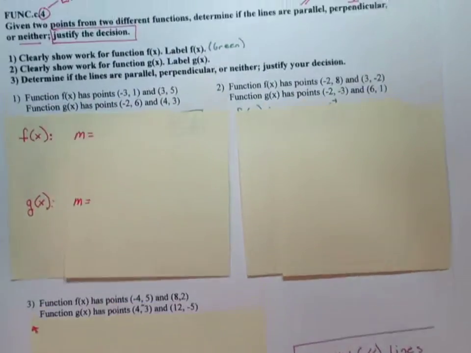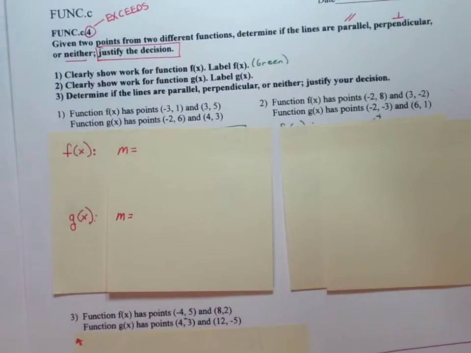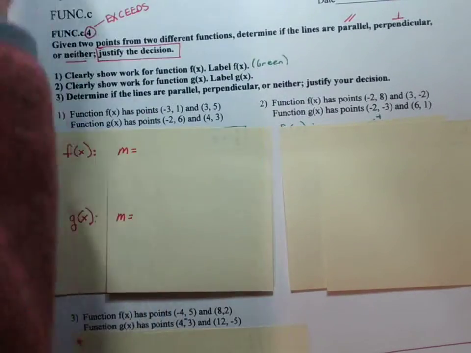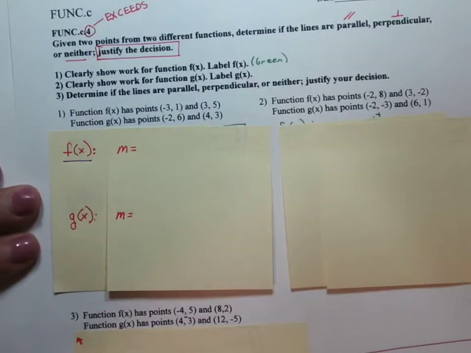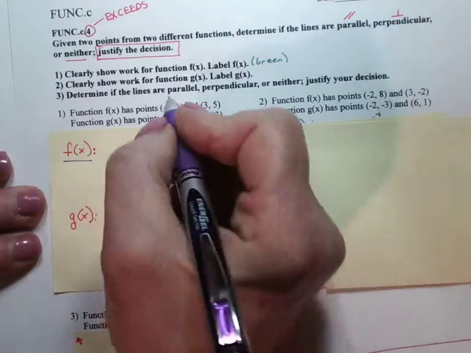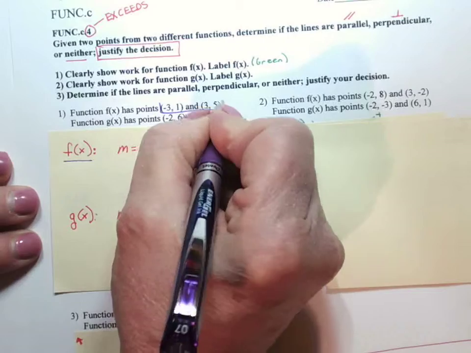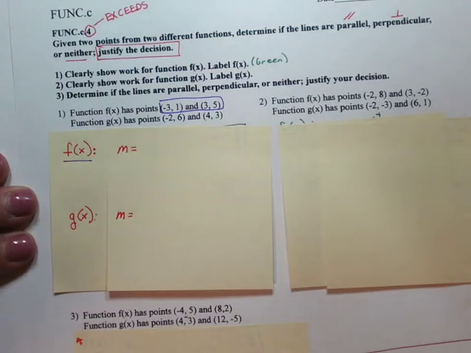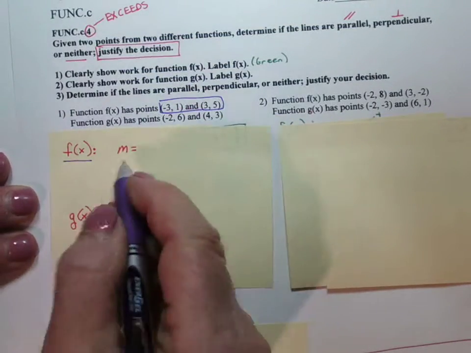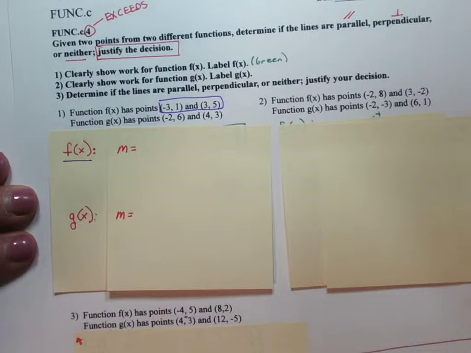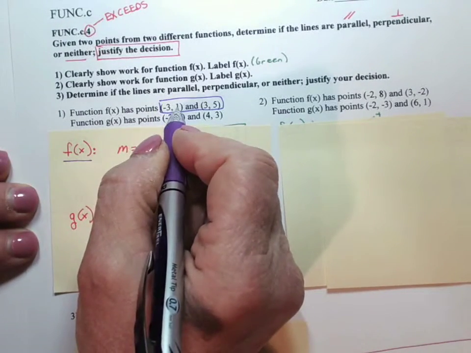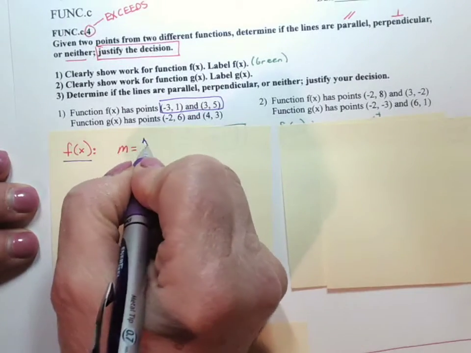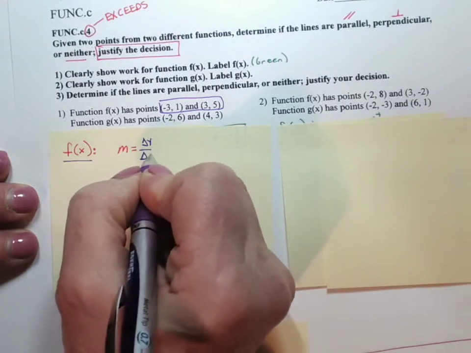All right, so now I'm going to go back and I'm going to look at my f of x function. And these are my 2 points for f of x. And I have to clearly show my work. So remember, it's change in y over change in x.